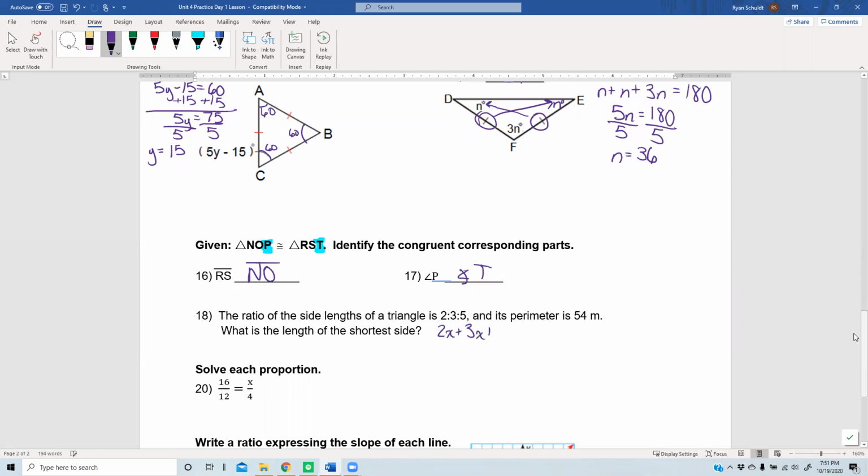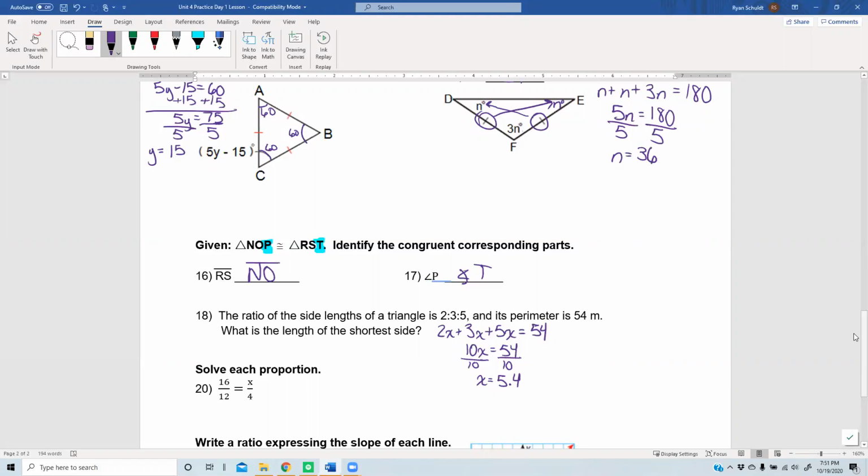2x plus 3x plus 5x equals, the perimeter is 54. So we add 2 plus 3 plus 5 to get 10x equals 54. Divide by 10 and you get x equals 5.4.